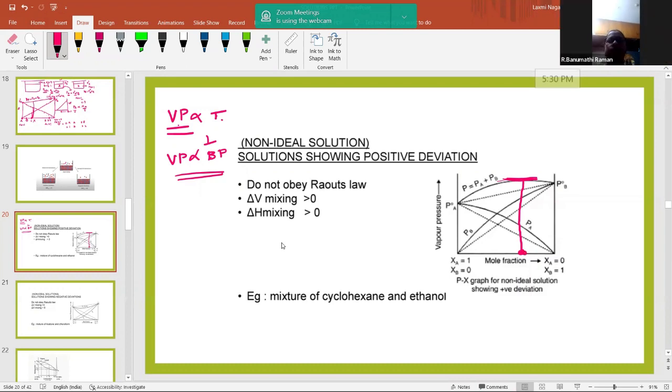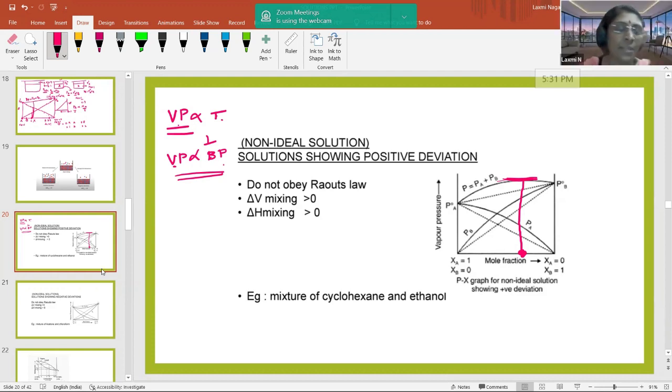Azeotrope is a particular composition of the mixture of A and B whose vapor pressure is maximum. Since vapor pressure is inversely proportional to boiling point, the boiling point is minimum. So you start calling it a minimum boiling azeotrope.